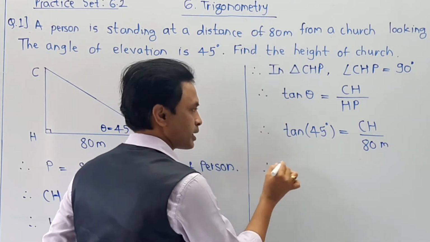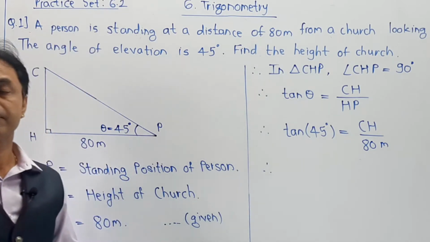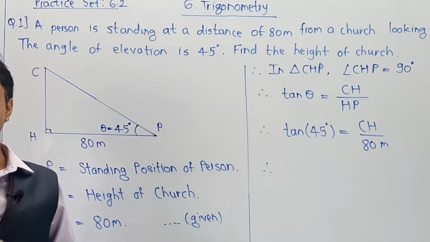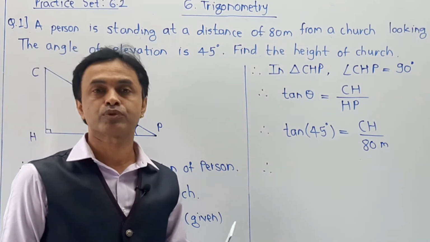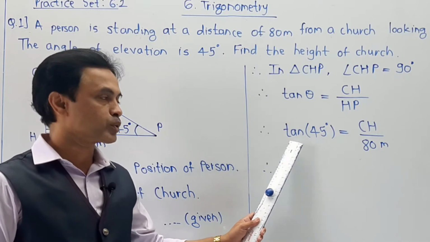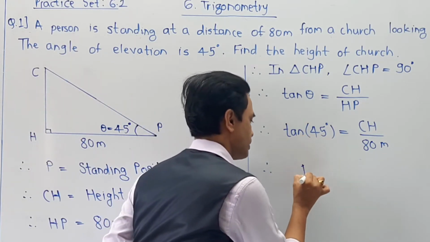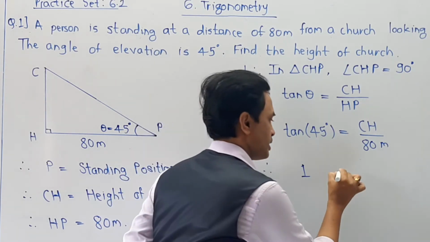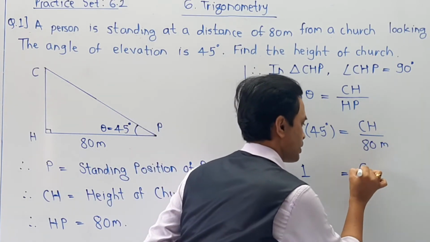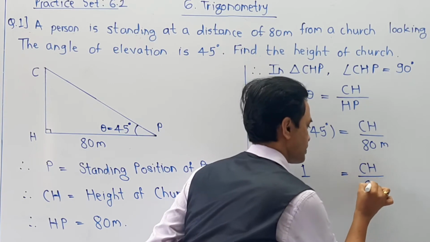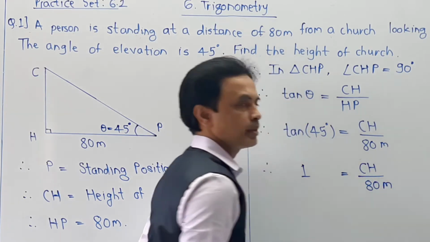Now your next part, tan 45. We are very familiar with the angle table given for 0 degree, 30 degree, 45 degree, 60 degree, 90 degree. Naturally, we take the help of that. So tan 45 degrees as per the table is nothing but 1. So 1 is equal to CH upon 80 meter.